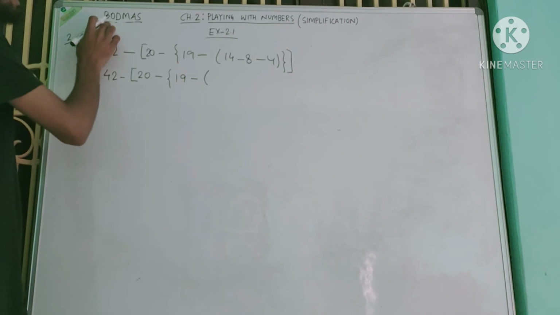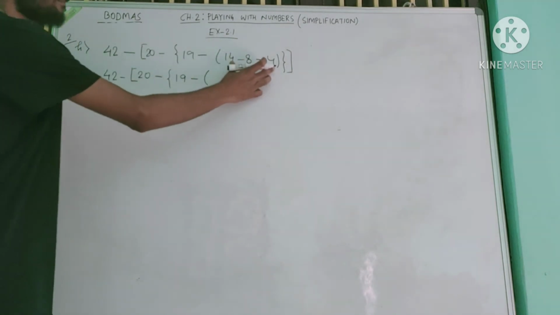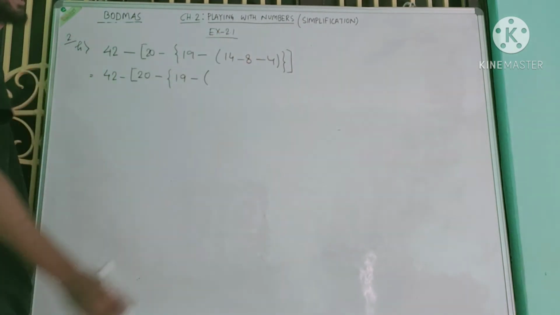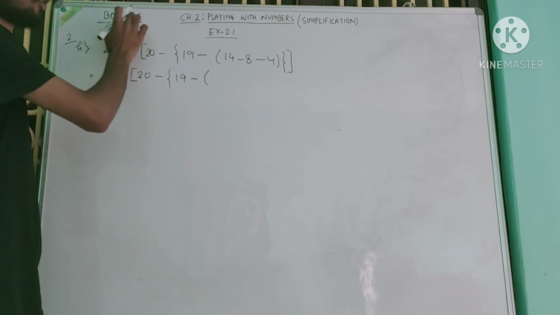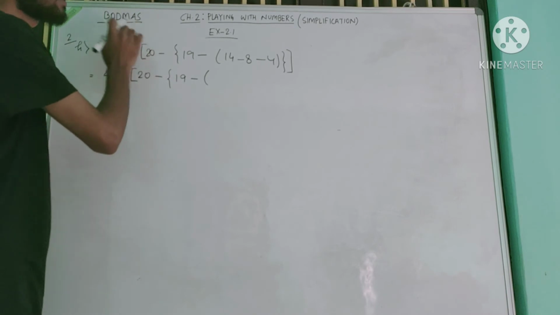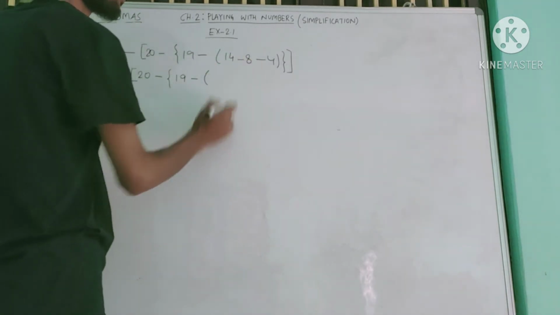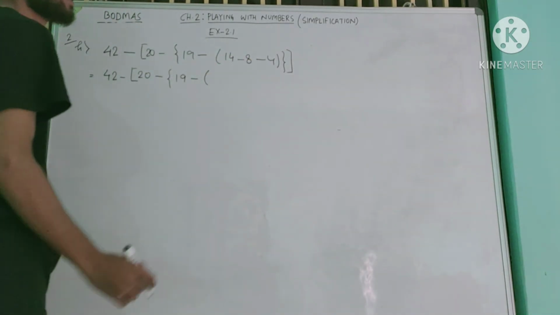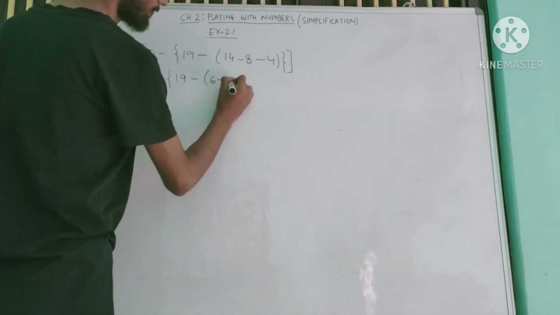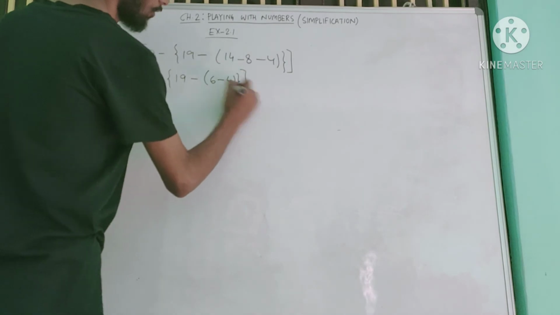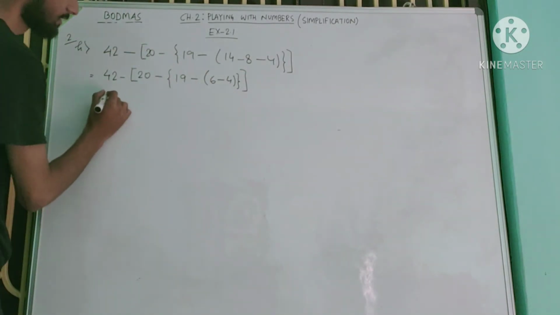Because in the bracket portion there is no division, no multiplication, no addition. Directly there is subtraction. So 14 minus 8 is 6. So minus 4 is there, and all the portion will be same.